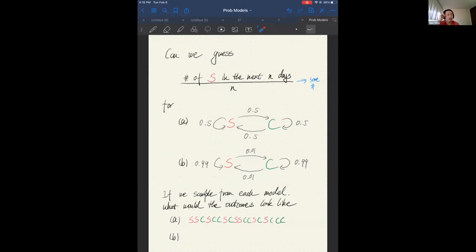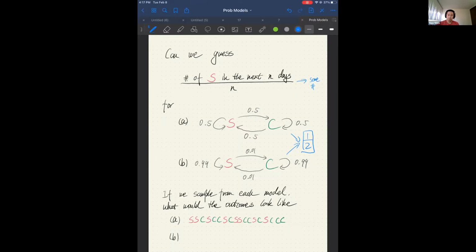Okay, so as you guys said, the limiting ratio here would be exactly 1/2, and it's for both of these models. You can think about it from the symmetry of these models.